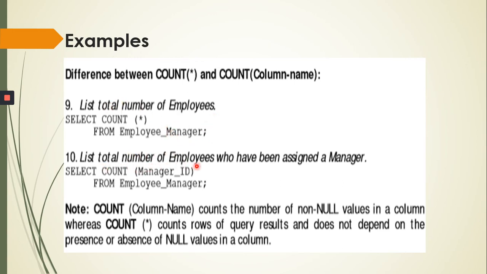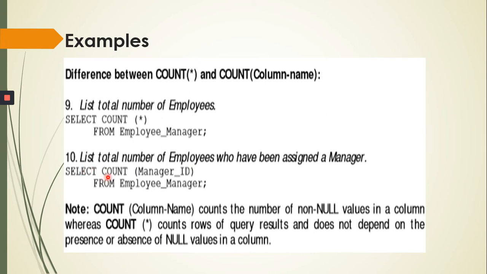List the total number of employees who have been assigned as a manager. We have 50 employees, and from those 50 employees, some are managers. When we have to find some designation, we use SELECT COUNT, in brackets we write manager ID. The employees who are managers have a manager ID, so we have one column, manager ID, and using it we can find the total number of managers.